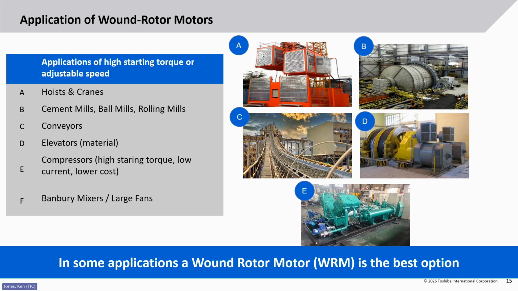Again, having some variable speed with regards to the latter part of the curve. And then, of course, Banbury mixers and large fans. Wound rotors are used in all of these areas and have been for a long time.